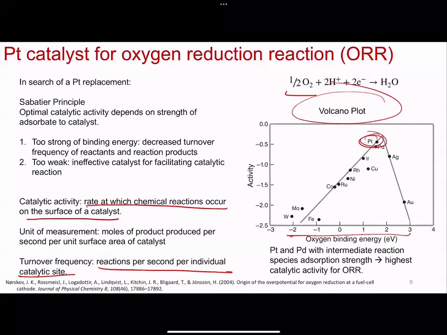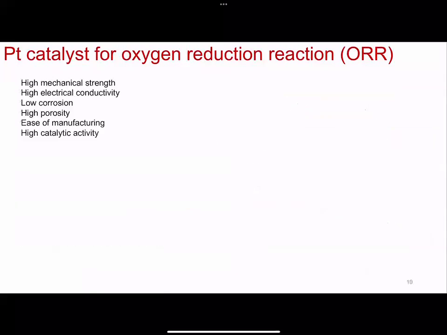Highest activity is in the middle for binding energy, or whatever this x-axis may be, right? That's the goal of catalysis, to find what metric I should think about that will produce this volcano plot for me.